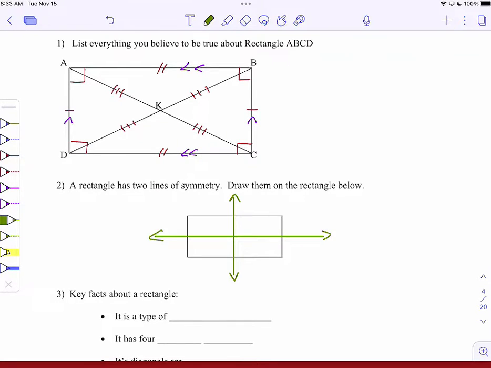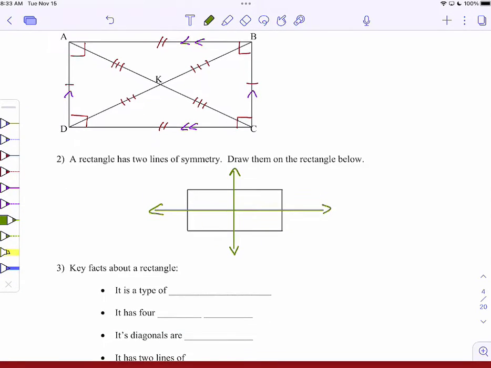Okay? If you imagine the 2 lines of symmetry, then you could say, well, of course, if I fold this piece over, it would be equal to this one if I fold it over this line. Or if I fold it over this line, it would be equal to this one. So you can imagine those. The other things that are equal here are going to be angles like this angle right here is going to be equal to this angle over there.